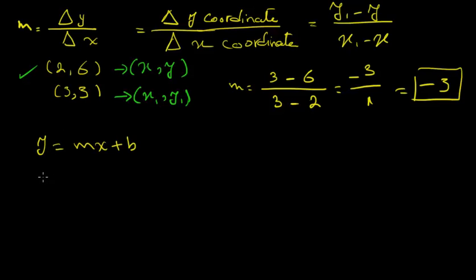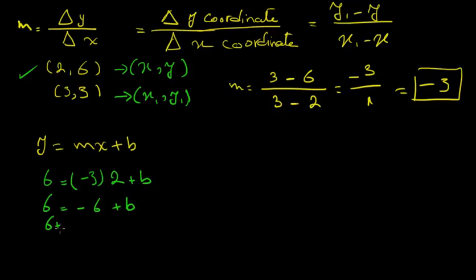We plug in the x and y in order to find the b. So y is 6 equals m, which is minus 3, times x, which is 2, plus b. We'll have 6 equals minus 6 plus b. We add 6 to both sides in order to cancel this one out and have b all by itself on one side of the equation.